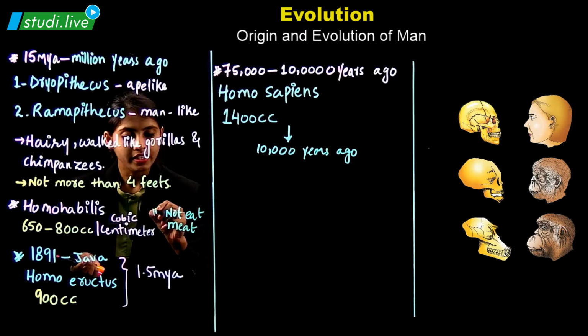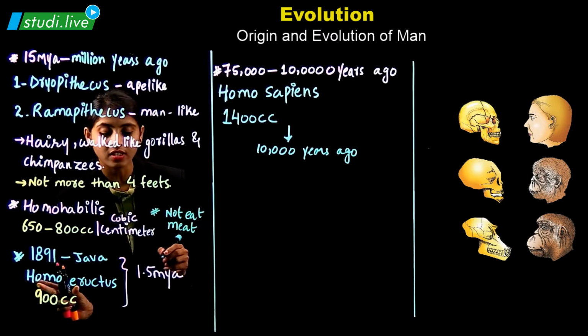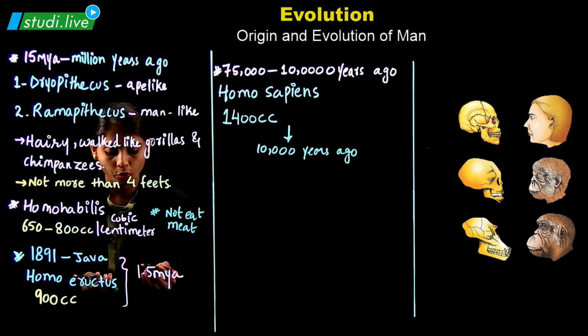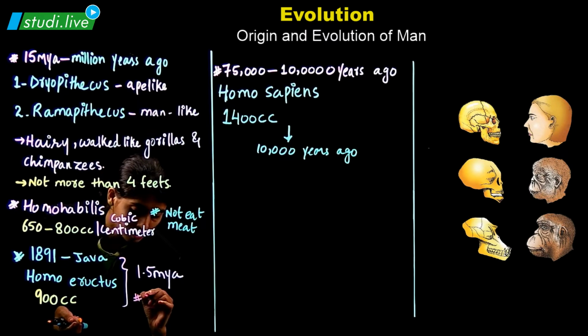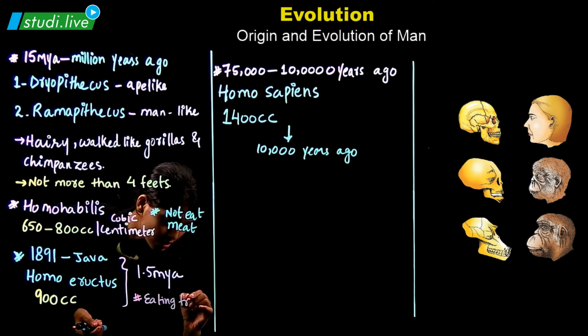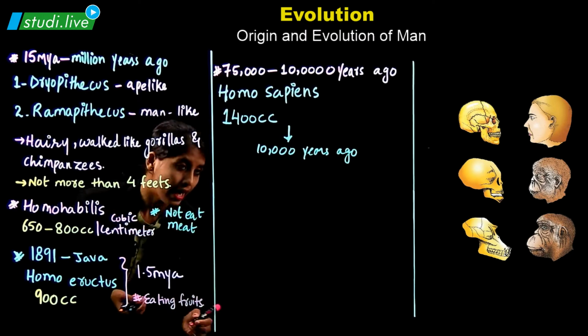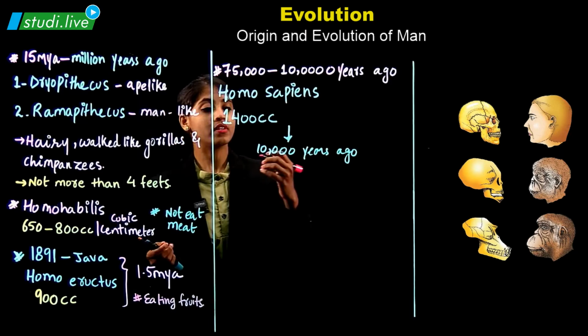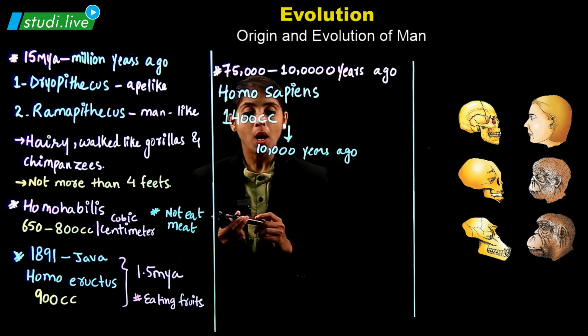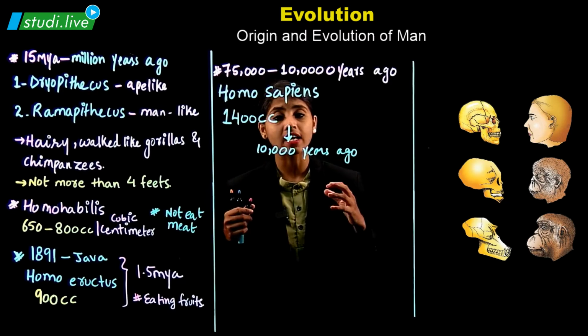The Homo erectus were the species who started eating fruits. And then in the later pictures, more advanced and developed human beings came, but not so much as of now.